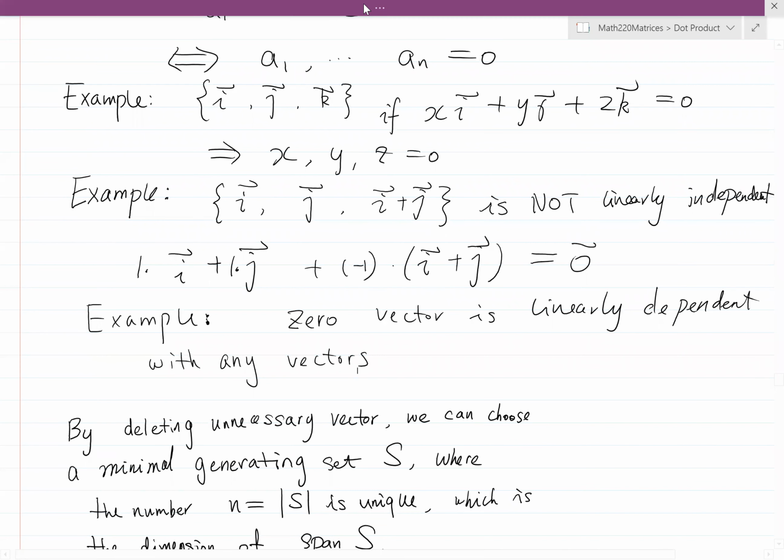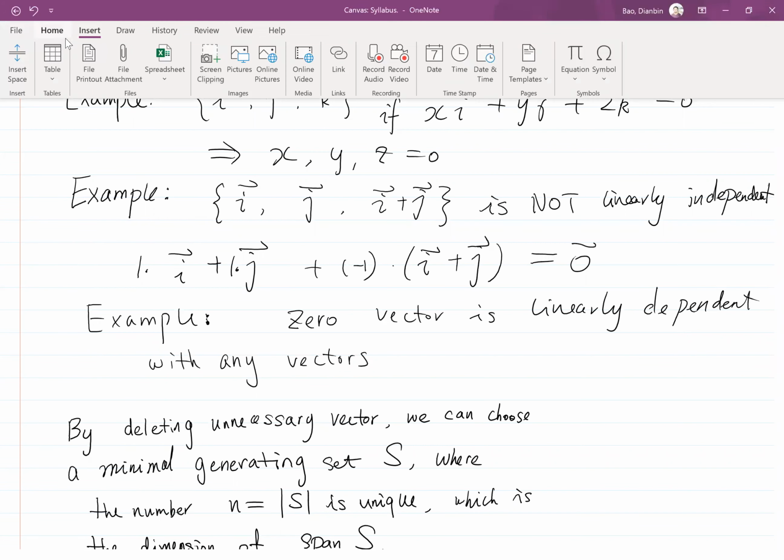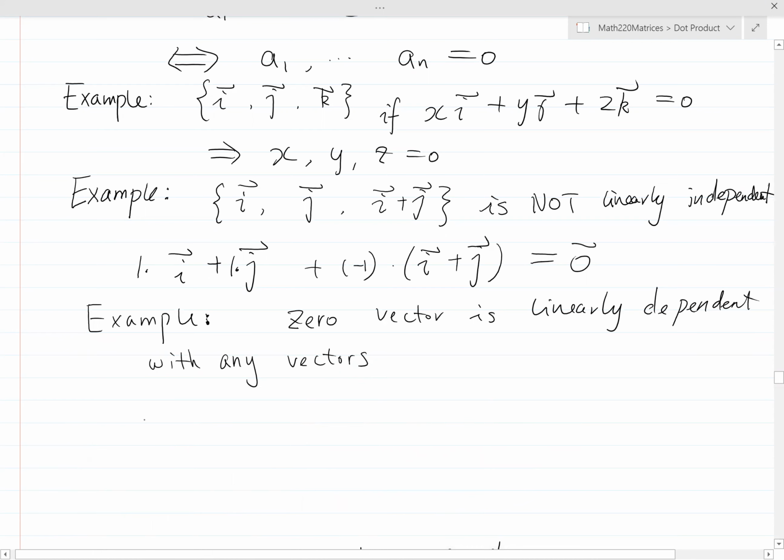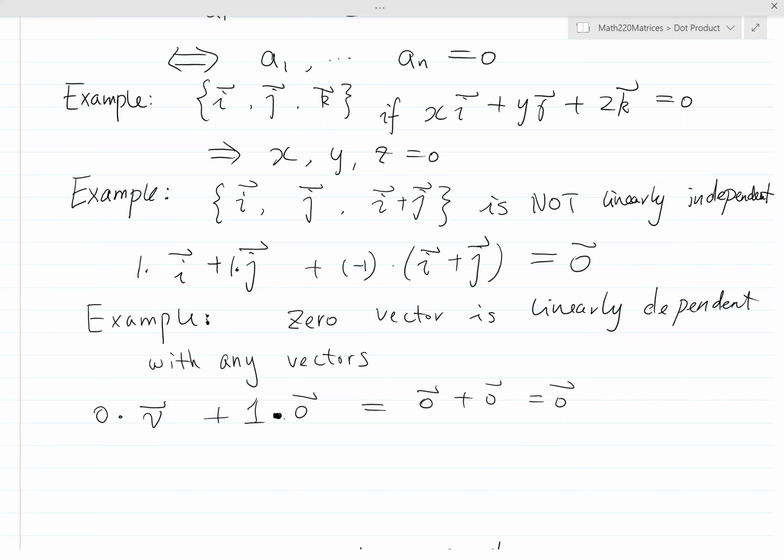The reason is any multiple of the zero vector gives again the zero vector. For instance, take any non-zero vector v and the zero vector. 0 times v plus 1 times the zero vector gives the zero vector, with a non-zero coefficient. So the zero vector is linearly dependent with any vectors.